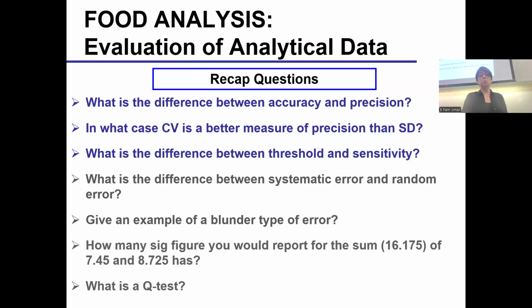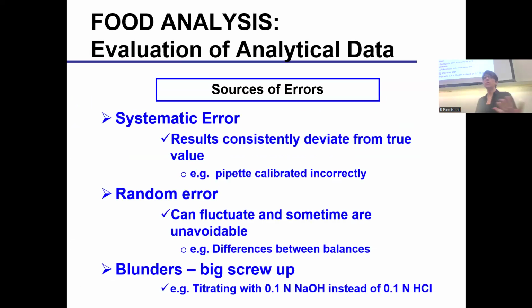All right, so we briefly talked about different sources of errors and types of errors. We have three main categories for these kinds of errors. There are errors associated with something beyond your control.